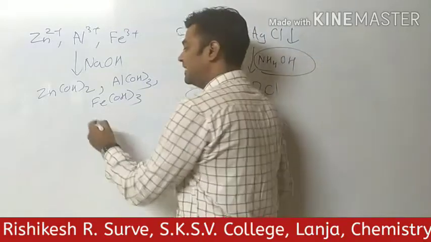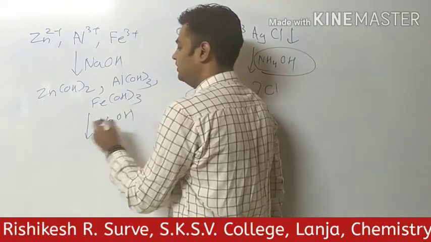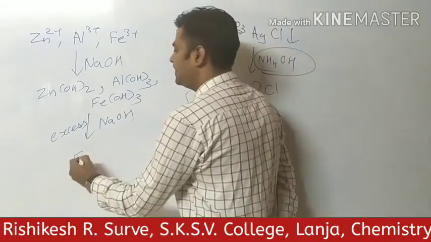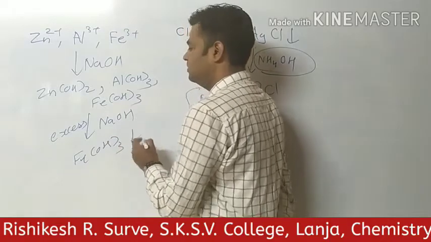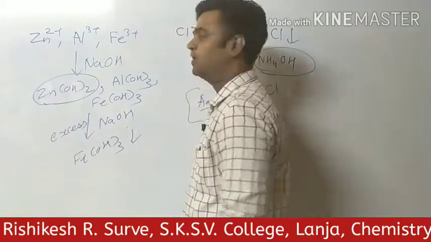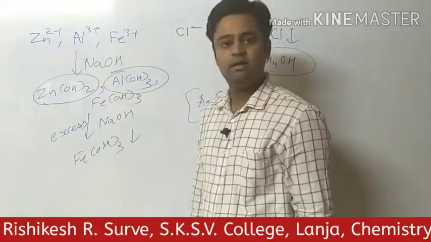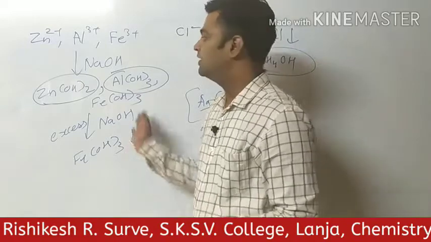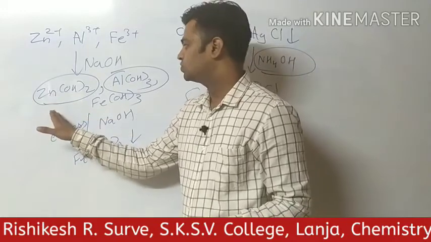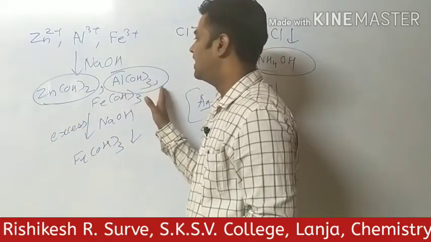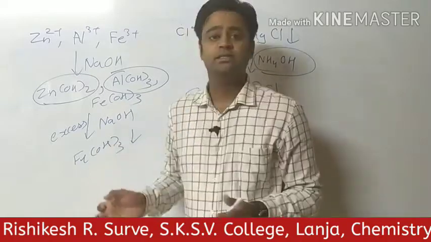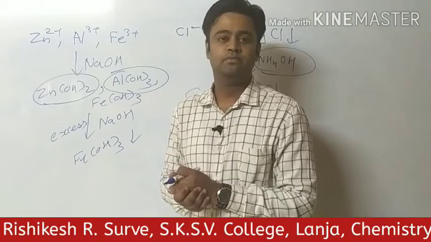But on excess addition of NaOH, only Fe(OH)3 will remain in precipitate form, but the other two, that is zinc hydroxide and aluminium hydroxide, will get dissolved because they form new complexes, sodium zincate and sodium aluminate, which are soluble in water, and Fe(OH)3 remains in the precipitation state.